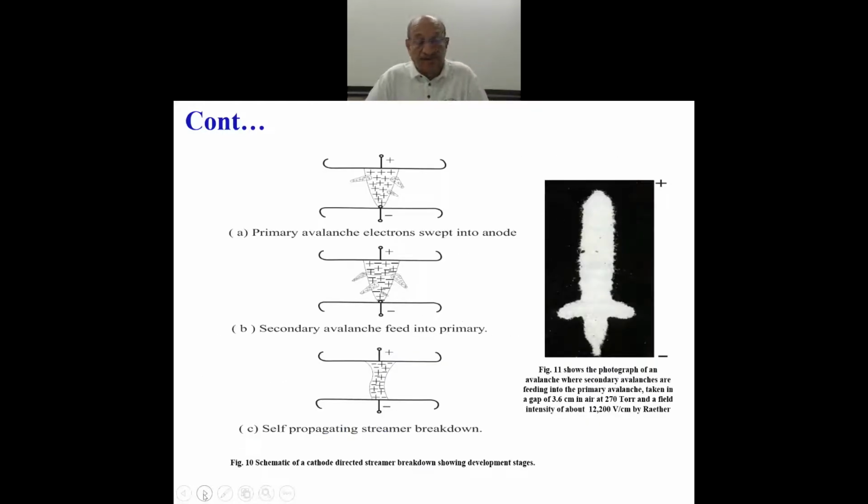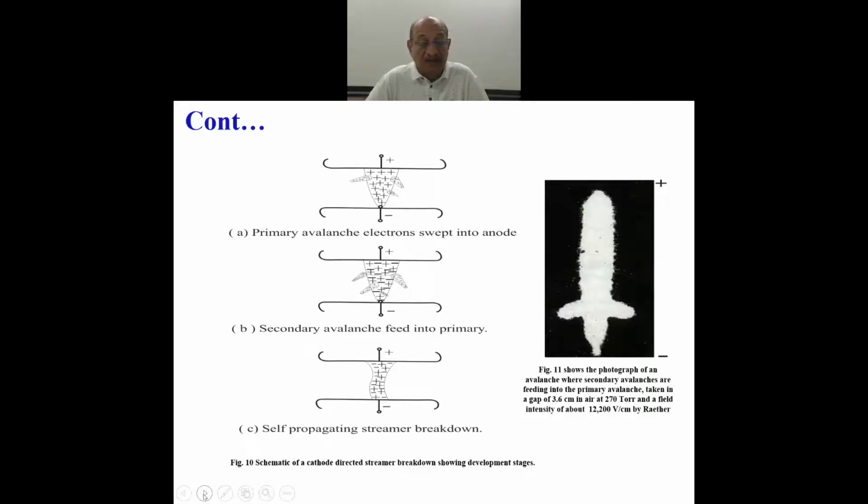Raether described his mechanism, which he gave the name streamer, in this way. So this is when a single avalanche begins at the cathode. That is, the primary avalanche electrons are swept into the anode.